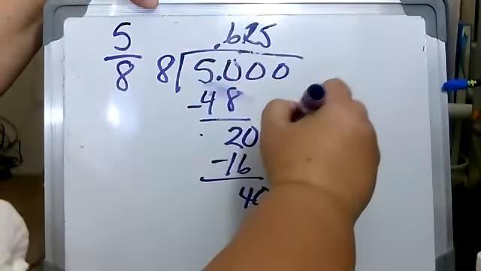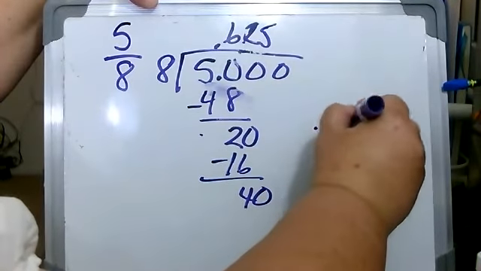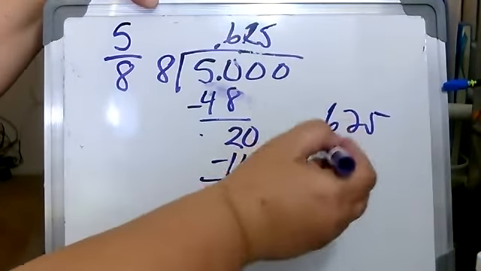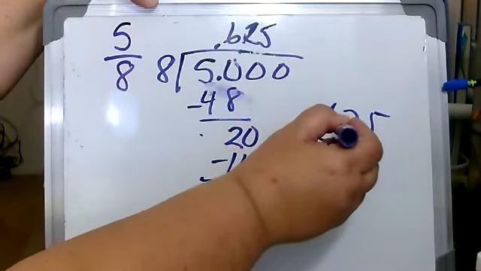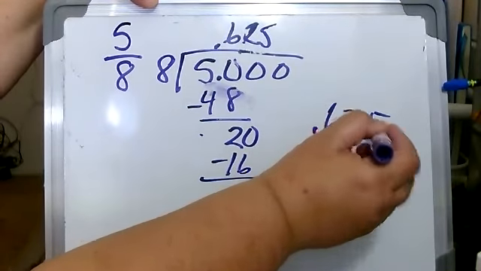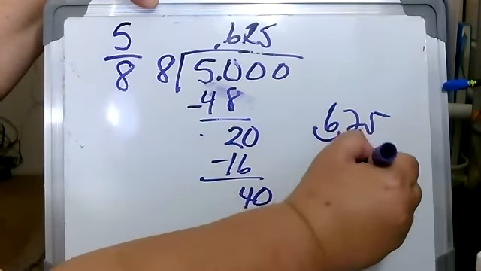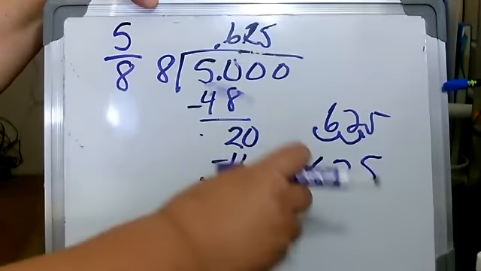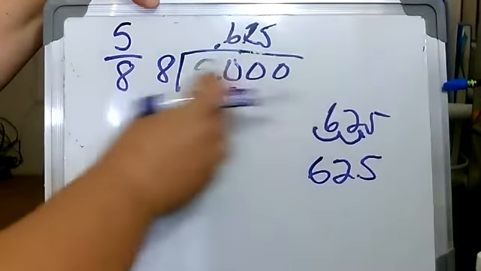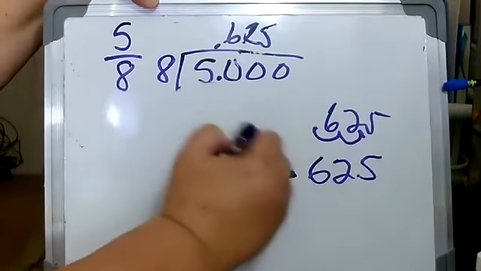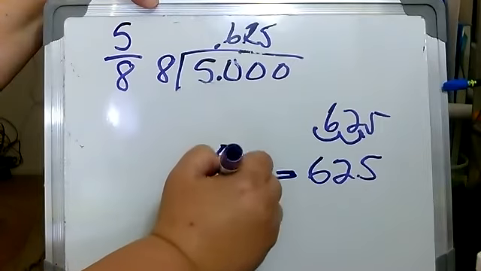So 0.625. And then we would move this decimal over to the right to make it a percentage. So the percentage, 62.5, is equal to 5/8.